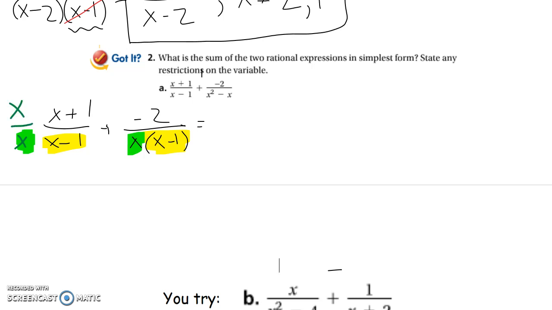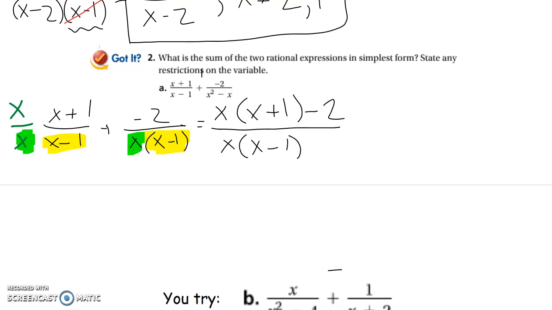I'm going to condense a couple of those steps, so now we have x times x plus 1, and I'm going to combine this all into one fraction right away. So we have minus 2, and that is all over x times x minus 1. Our next step is to multiply, so we have x squared plus x minus 2 divided by x times x minus 1.